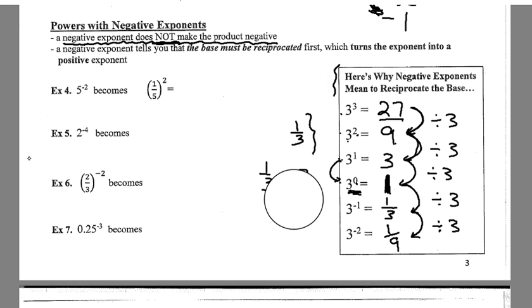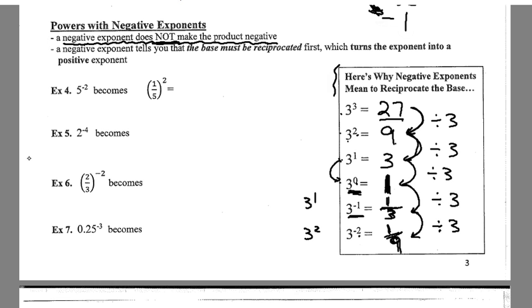And if you take a look at this, 3 exponent negative 1 is really just saying, 3 exponent 1 is 3. Let's put it in the denominator and leave a 1 up top. 3 squared, 3 times 3 is 9. When it's a negative 2, let's put the 9 on the bottom and leave the 1 up top.